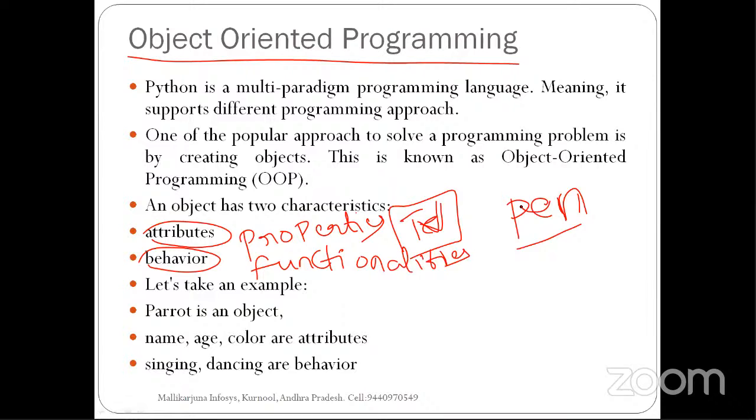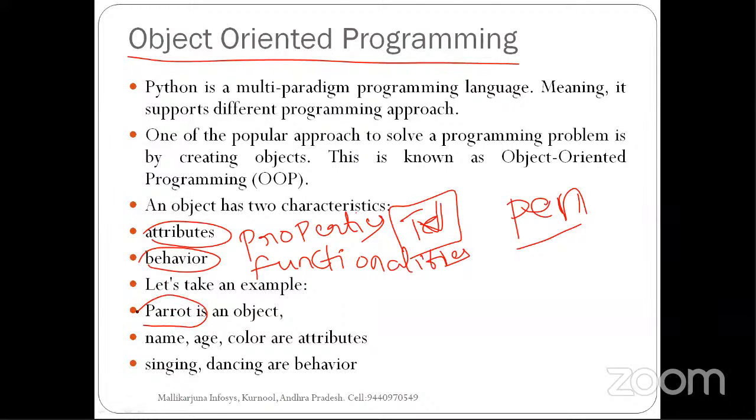Already I told you that a human being is also an object. When you observe a human being, it has its own properties like eyes, nose, ears, kidney, heart, blood, skin. These are all the properties of a human being. Functionalities: seeing, listening, smelling. These are all the functionalities of a human being. Here we took one example, a parrot.